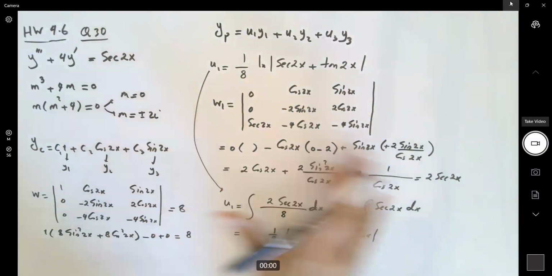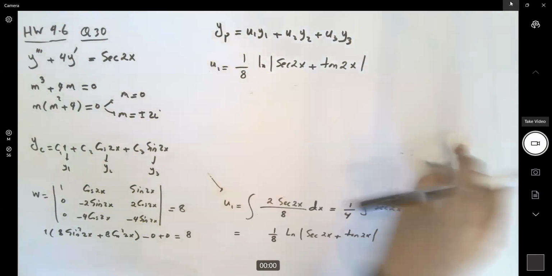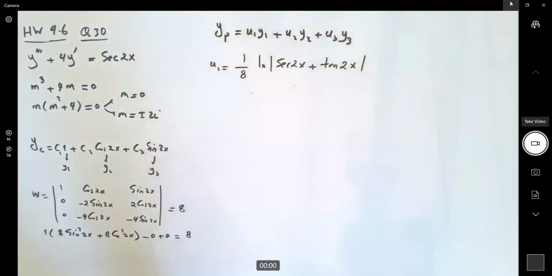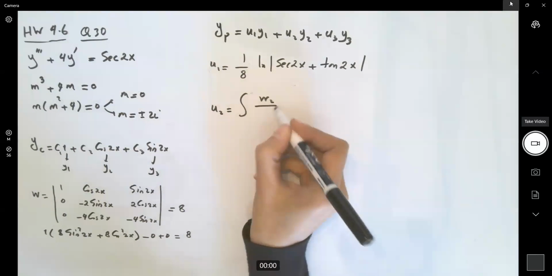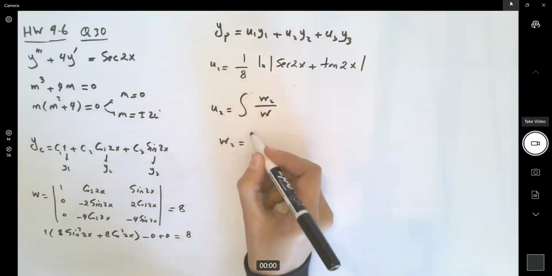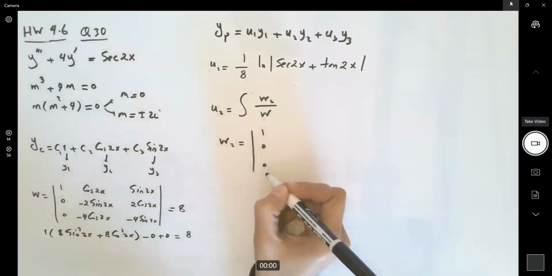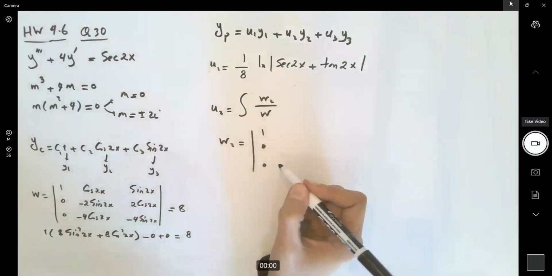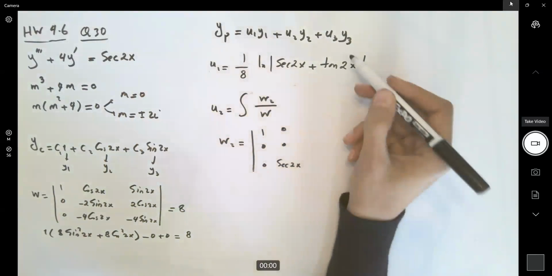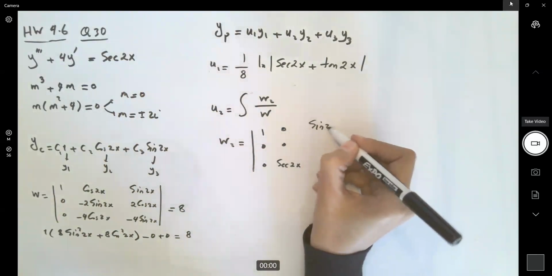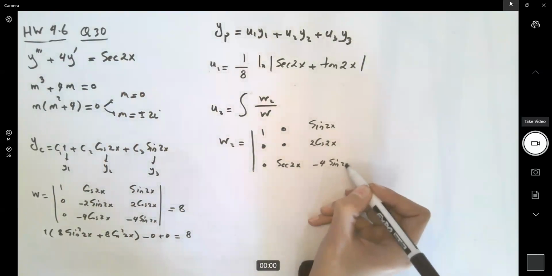Now we need to move forward and find u2 and u3. One by one, we find each missing function and form a particular solution. u2 is the integral of w2 over w. For w2, the very first column is related to y1: 1, 0, 0. The second column is 0, 0, f of x, which is secant 2x, and the last column is related to y3: sine 2x, 2 cosine 2x, and negative 4 sine 2x.